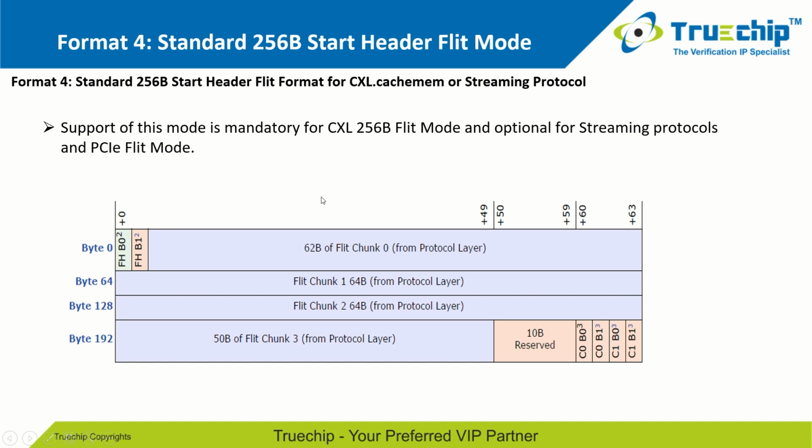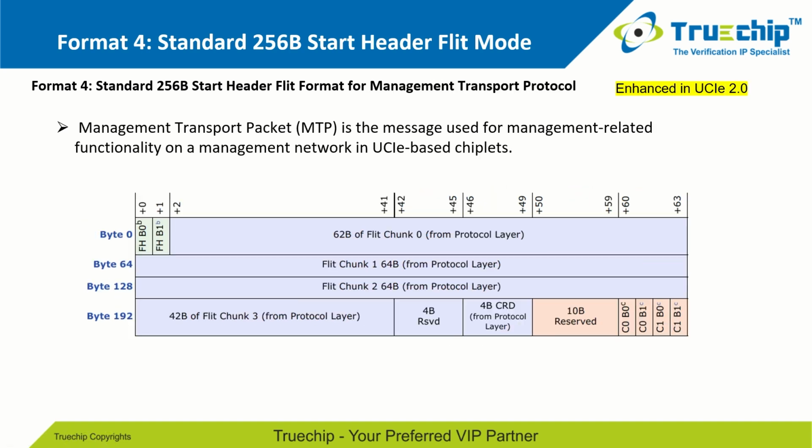The standard 256-byte start header Flit format is also used for the management transport protocol, which is enhanced in UCIe 2.0. MTP is the message used for management related functionality on a management network in UCIe based chiplets. Here is the Flit format for this particular format, the management transport protocol.